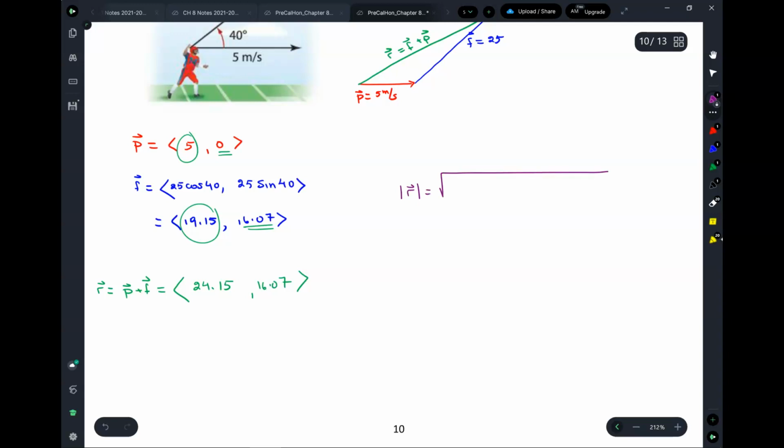It's the square root of 24.15 squared plus 16.07 squared. It's exactly Pythagorean theorem. So 29.01 meters per second.